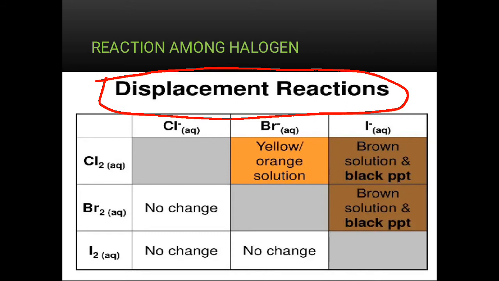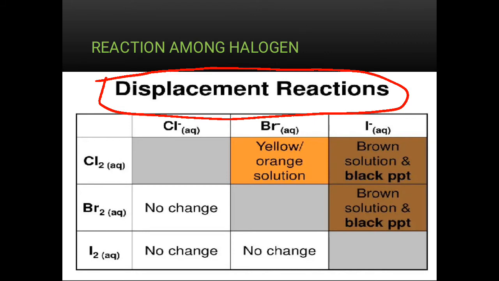You can see it. Okay, so in short, displacement reactions are the reactions in which a more reactive, just listen to my words carefully, a more reactive atom or ion replaces or displaces or takes its place in its compound.